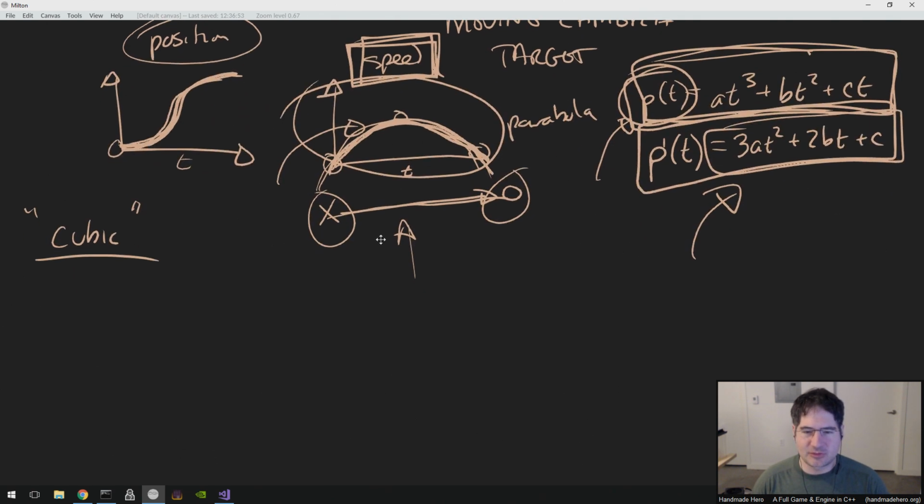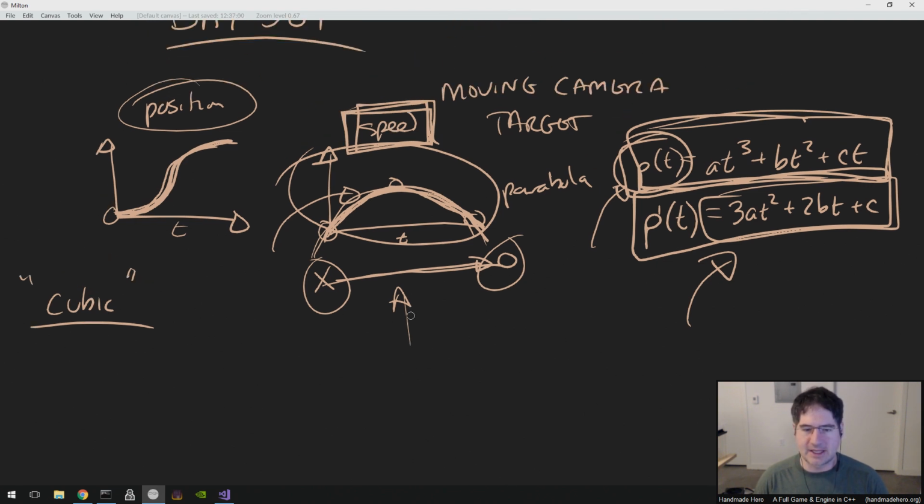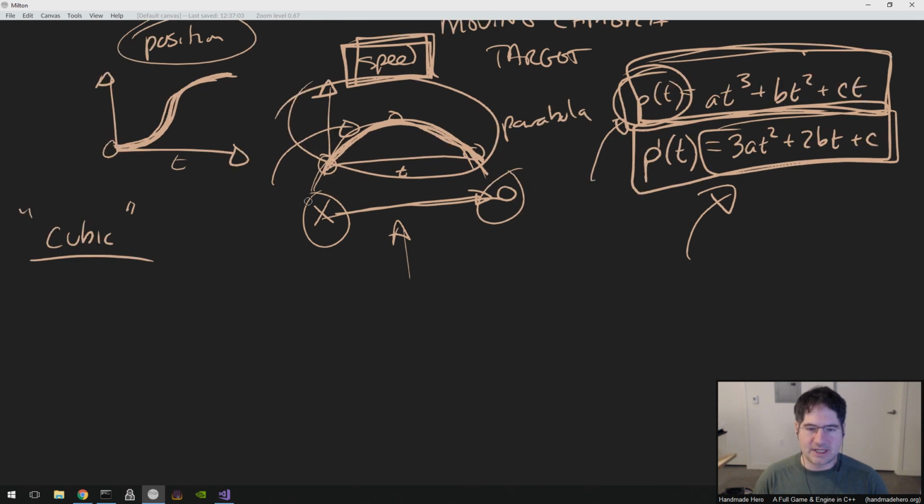So the next question is, all right, what can we do to make our interpolation work in some way that doesn't have a fixed start and end? Because what we have to know is that at the start, at t equals 0, we want our speed to be 0.